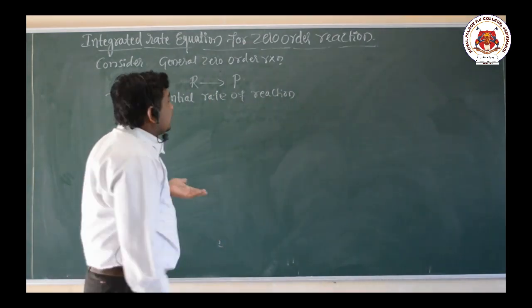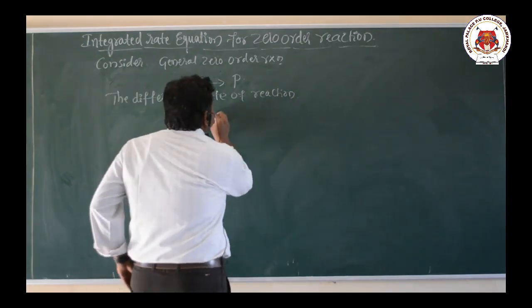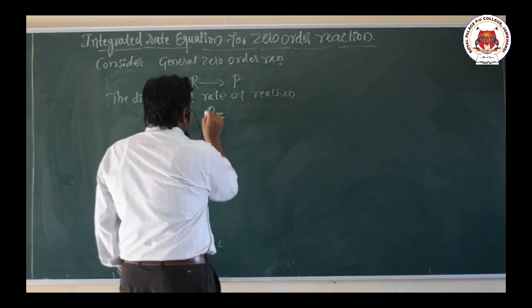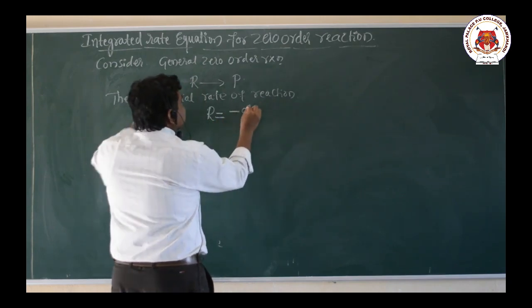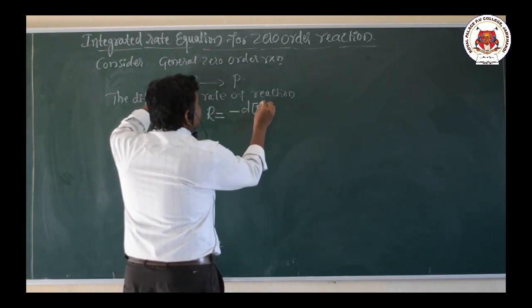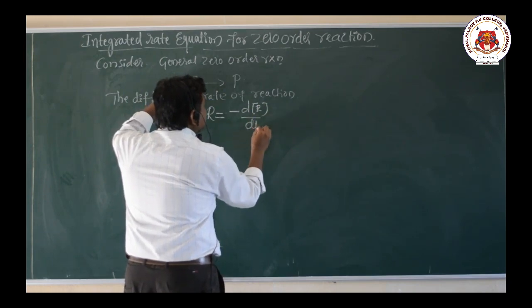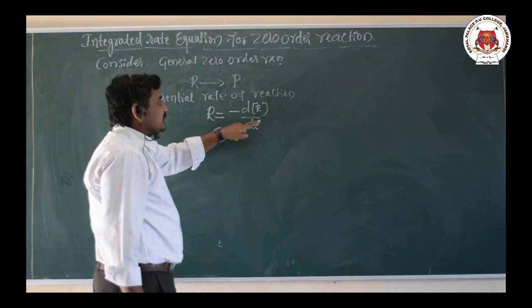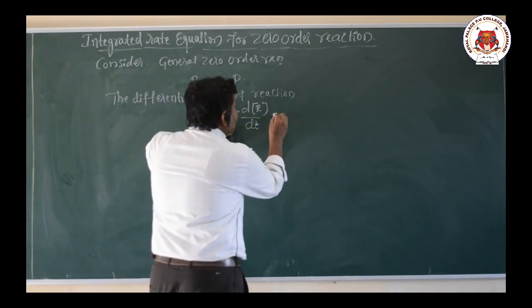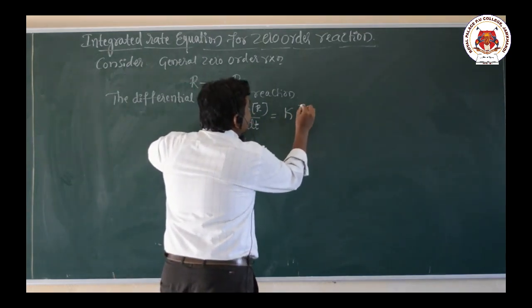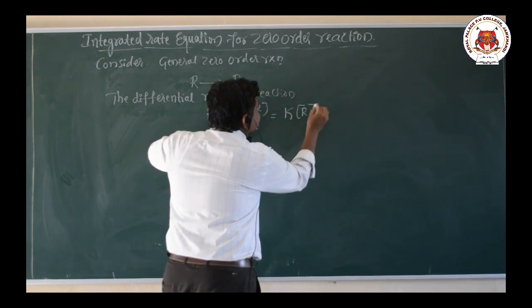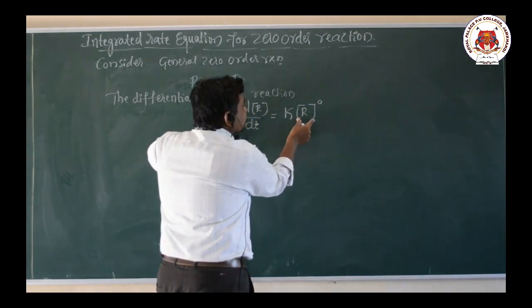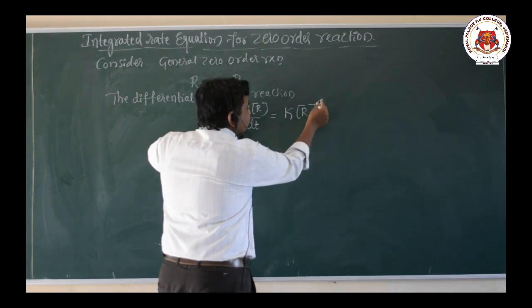So the rate law becomes: rate equal to minus dR by dt, because the concentration of reactant decreases, equal to k R naught. That means R naught, the concentration of reactant for zero order reaction.